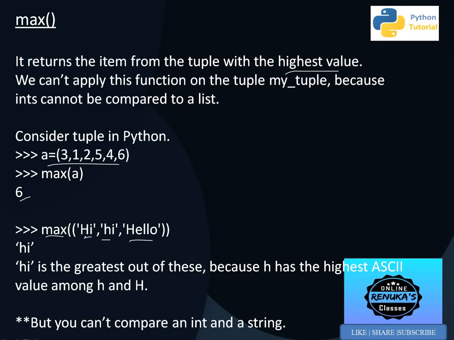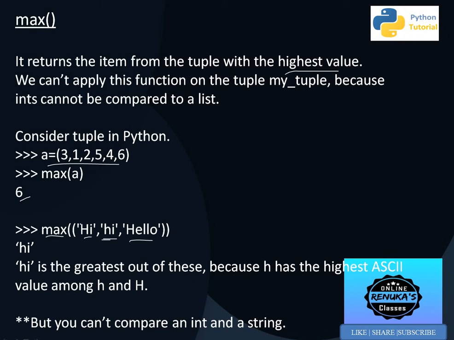Why? Because for every character there is an ASCII table, and in the ASCII table every character has an integer value. So according to those ASCII values, max will find the highest ASCII value and display which string has the maximum value.